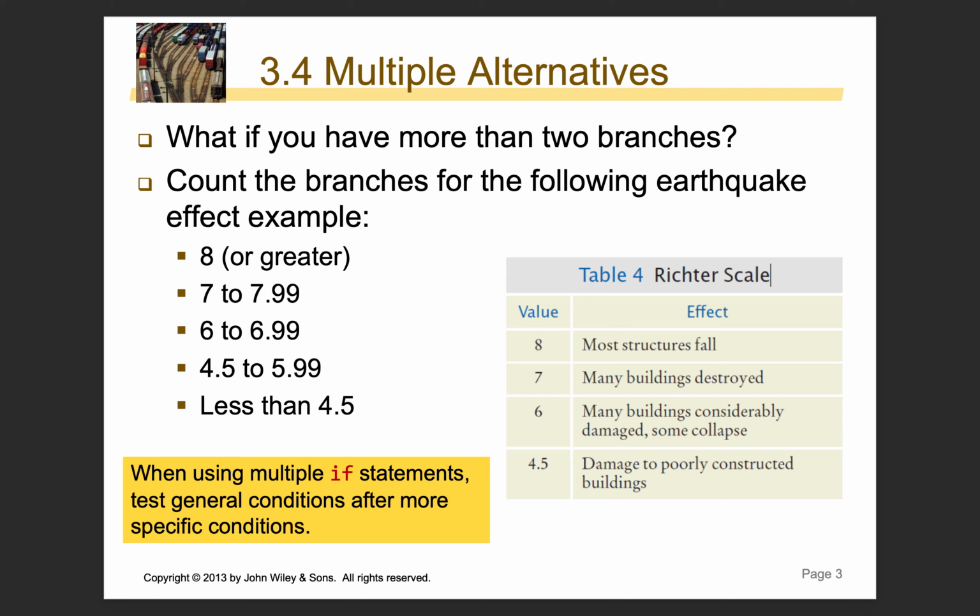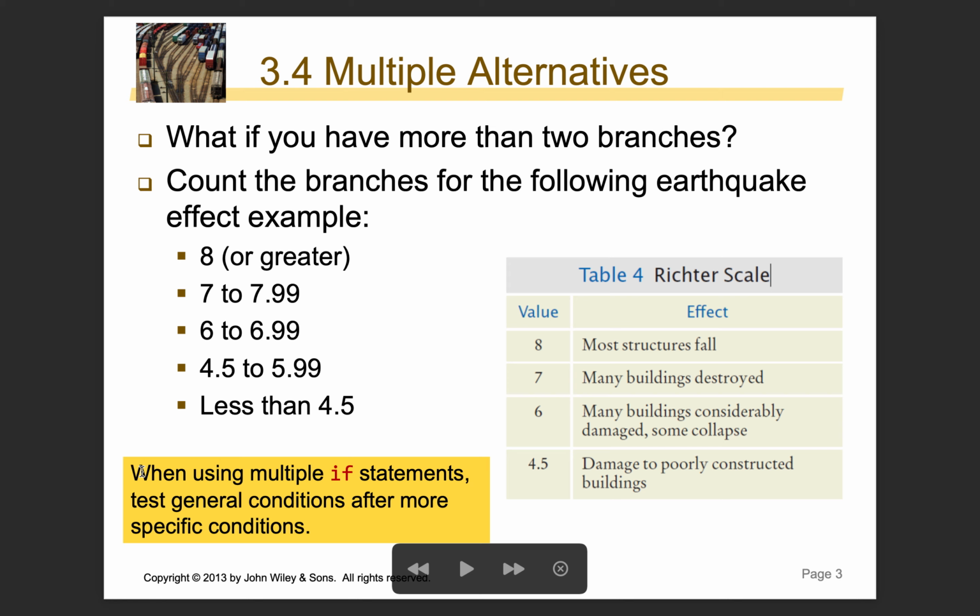We're going to need another branch for if it's between 7 and 7.99, for this many buildings destroyed section. What happens if it's between 6 and 7, many buildings considerably damaged, some collapse. What happens if it's between 4.5 and 6, and then what happens if it's less than 4.5? So we're going to have to use more than just one if-else. We're going to have to use quite a lot of different considerations, different branches.